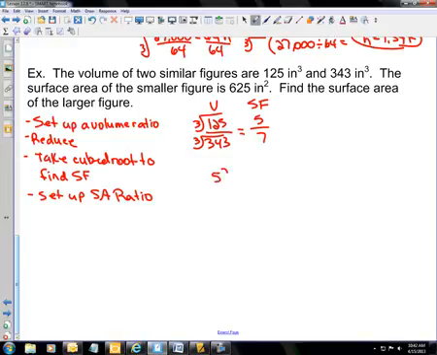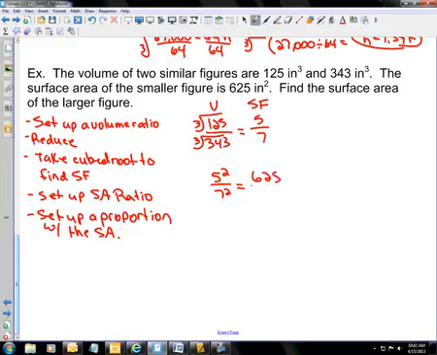So I take 5 squared over 7 squared, and then I can set up a proportion with the surface area. I set that equal to the surface area of the smaller one, which goes on top, over the surface area of the larger one.